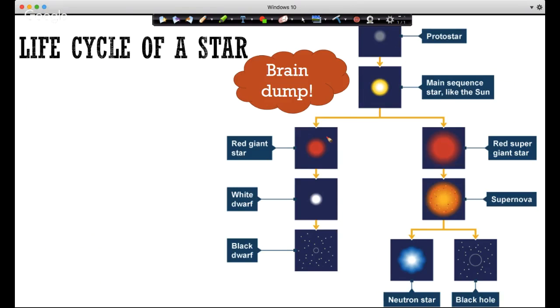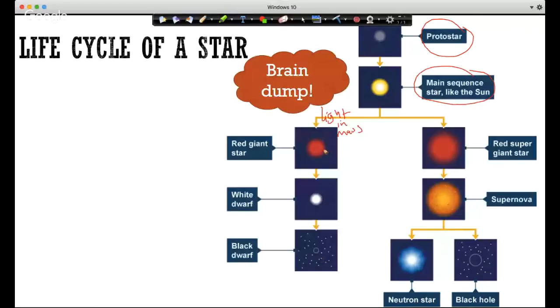Now, all stars start off as a protostar. They all go to main sequence, and our star is a main sequence star at the moment. Now the lightest stars, like our sun, and by light I mean light in mass, as in not very heavy, are going to go red giant, white dwarf, black dwarf.